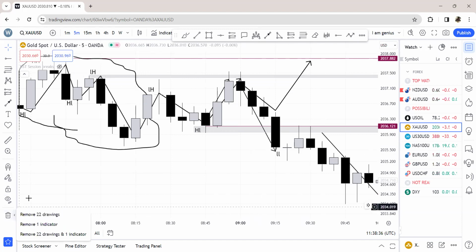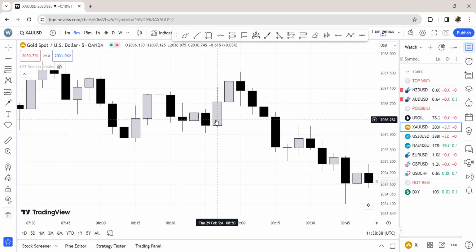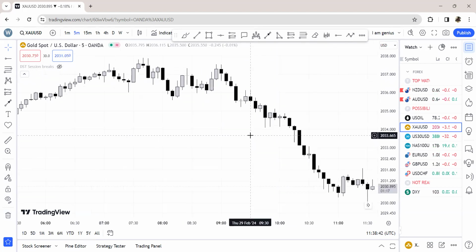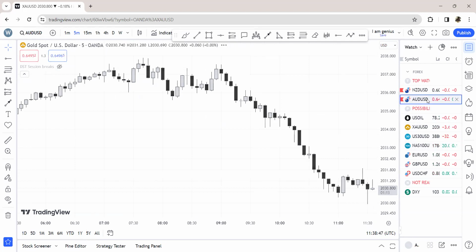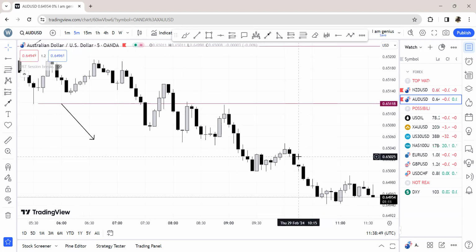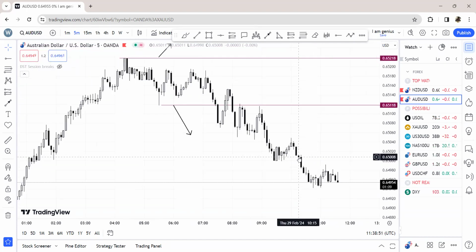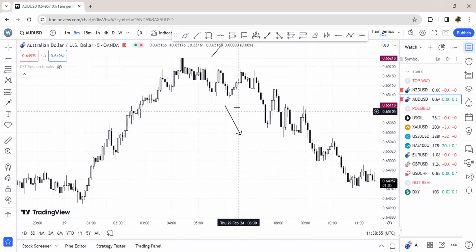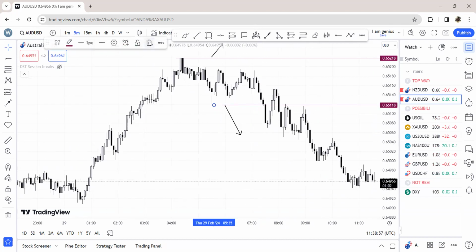So the next thing we want to look at, by the way, practice this. Let me use another example where we had a market going in, okay, let's use this example. Let me remove everything.